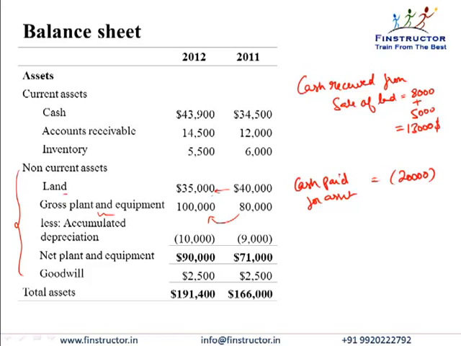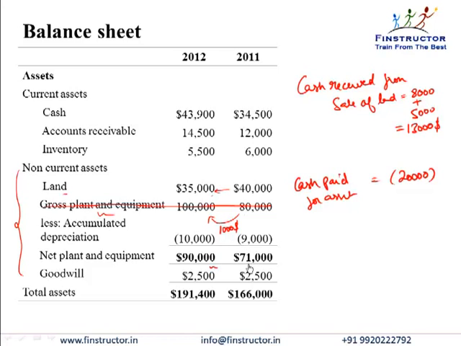Please note that even if this gross plant and equipment was not given and just the net plant and equipment was given, I could have still deduced the same answer by analyzing that the depreciation in the year was $1,000, as is available in the income statement.